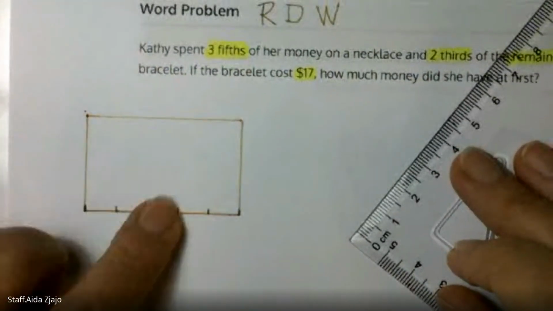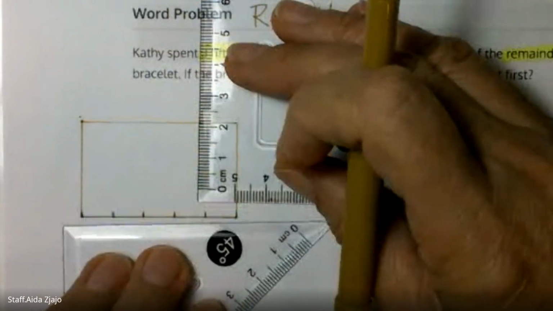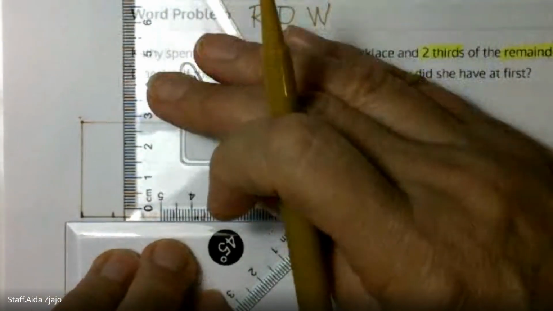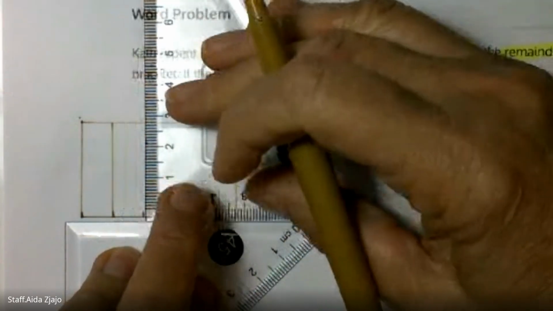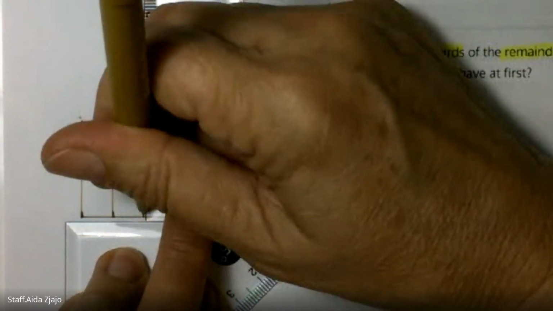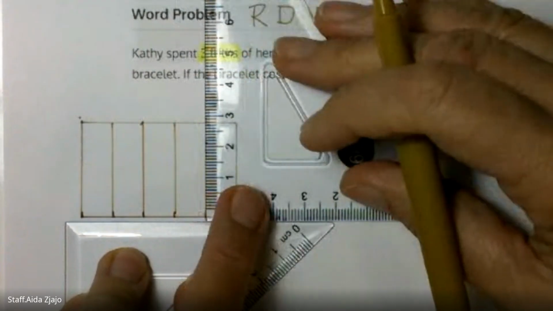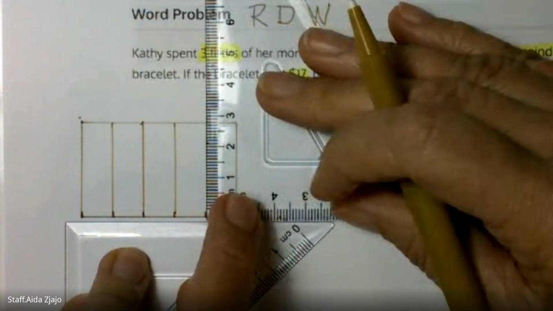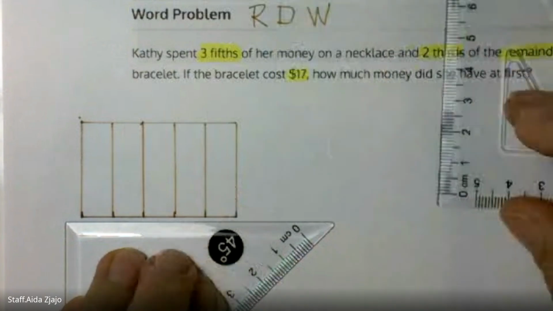But now, because they're talking about fifths, I'm going to cut this into 5 equal units or parts. Those are all parallel lines. If you keep one ruler strong, you can easily draw parallel lines.